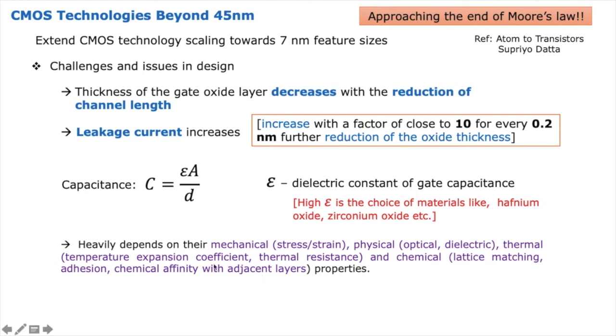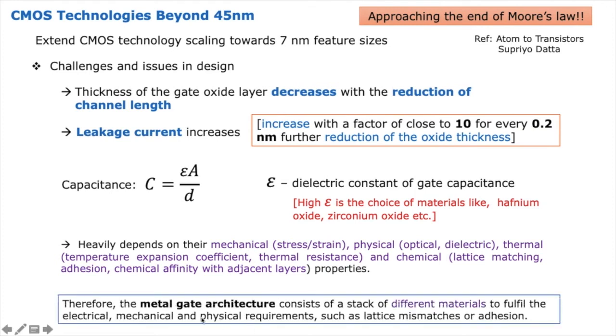This heavily depends on their mechanical, stress-strain, physical, optical, electrical and dielectric properties, thermal expansion coefficient, thermal resistance, chemical lattice matching and adhesion, and chemical affinity with the adjacent layer. So these properties depend heavily on the design of these layers. You really have to be worried about all these parameters when you decrease the device size.